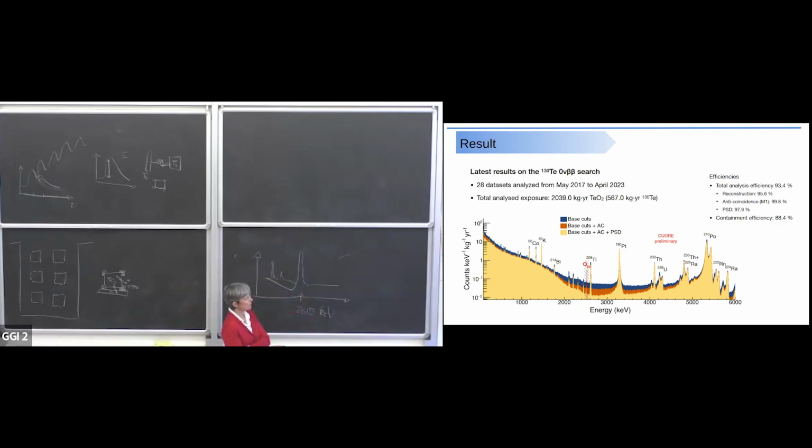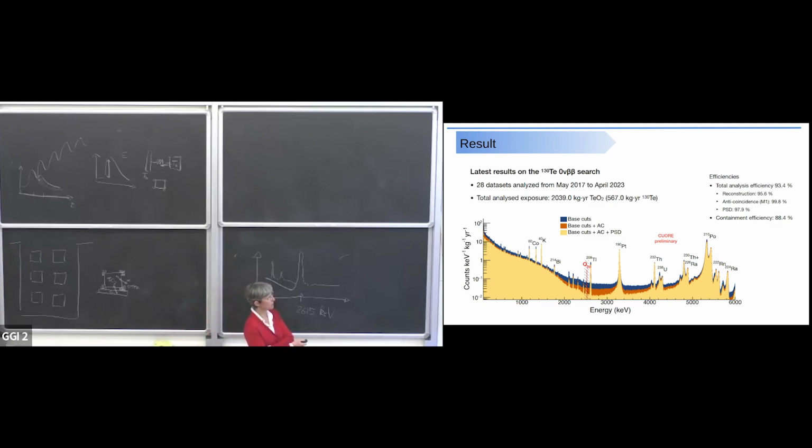The double beta decay region is this one. You see that the shape of the histogram is more or less the same as the one that I've shown you for CUORICINO. The 2 colors refer to different data selection cuts.